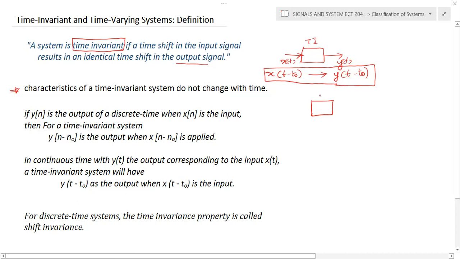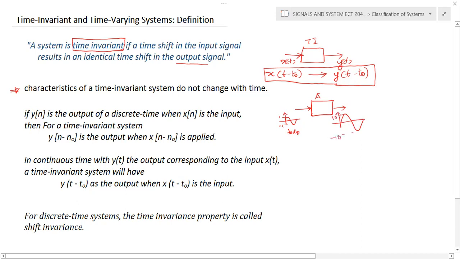for example, this is an amplifier, and assume that for this particular amplifier, we are applying a sinusoidal signal with amplitude 1 and minus 1. Today, we are applying the sinusoidal signal and we are getting output with a gain of 10.